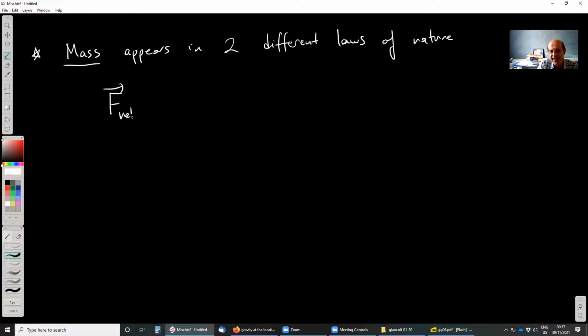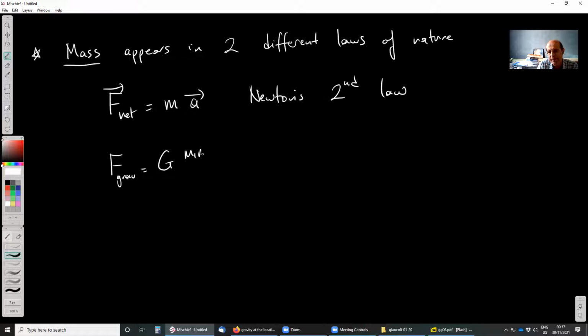It says that the net force is equal to mass times acceleration. And the other one is the gravitational force expression, so that's Newton's law of gravity.